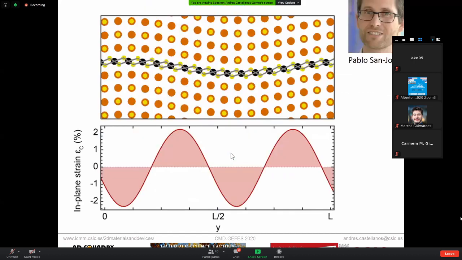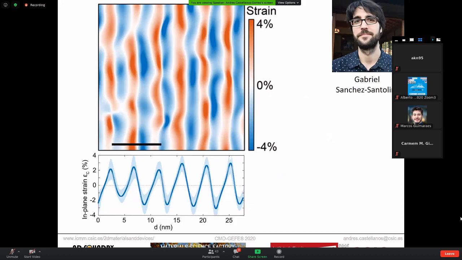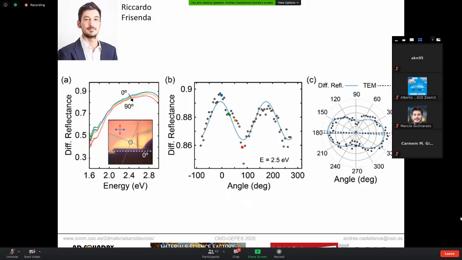So these systems really do have this spatially varying strain profile in order to reduce their energy. And interestingly, this spatially varying strain is inducing a lot of anisotropies in the system that were not present in the naive model where you just place the hexagonal and tetragonal layers.